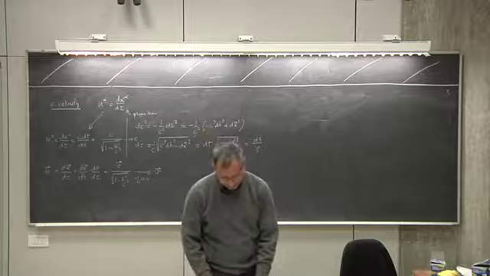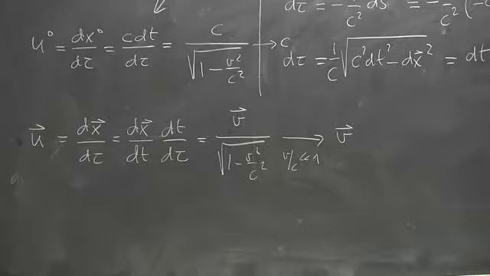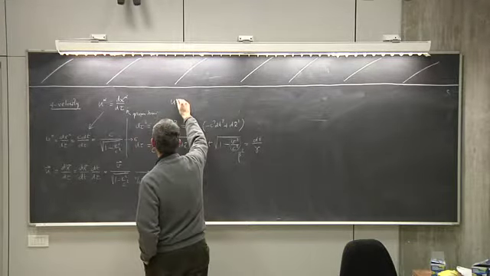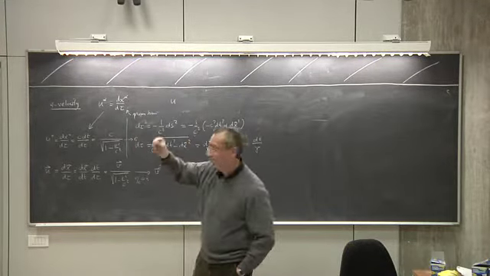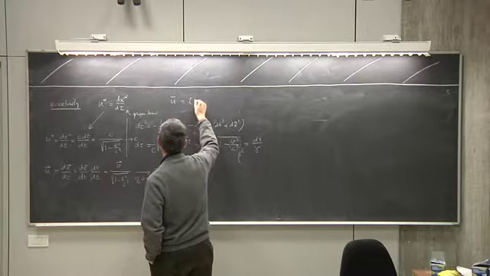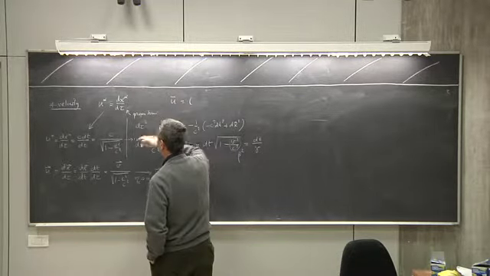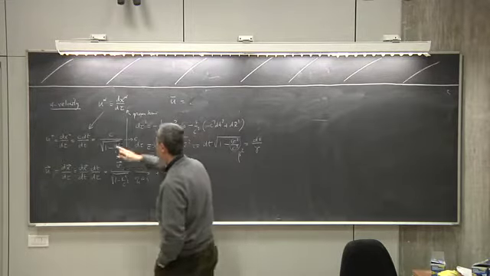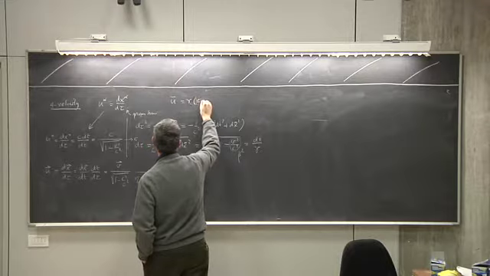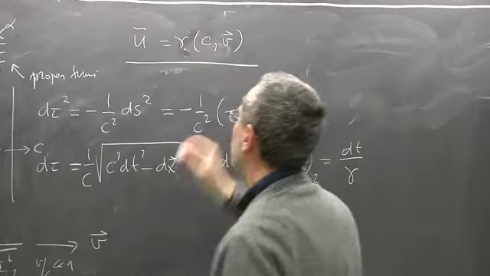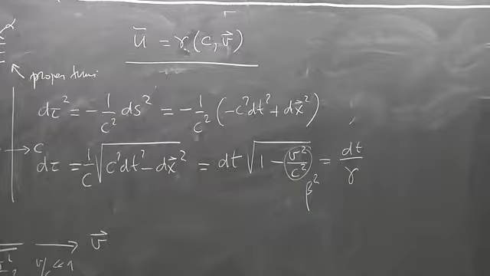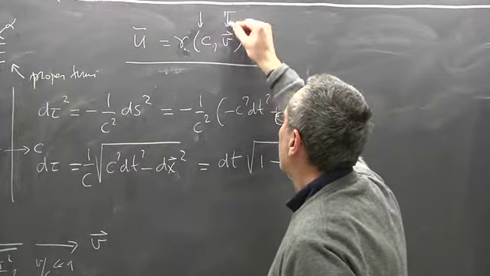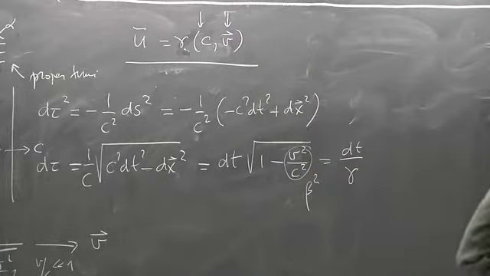In general, I can write u alpha as gamma times c and v. This is the four velocity if you want to split the time-like component from the three-dimensional space component.